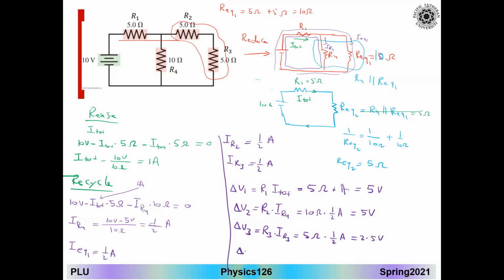And delta V4 will be R4 times, 1, 2, 3. So here, if you want to take it seriously, this one is just 4. So that's an R4. And here is the 2. Where is the 2? R2. That's what I mean here.